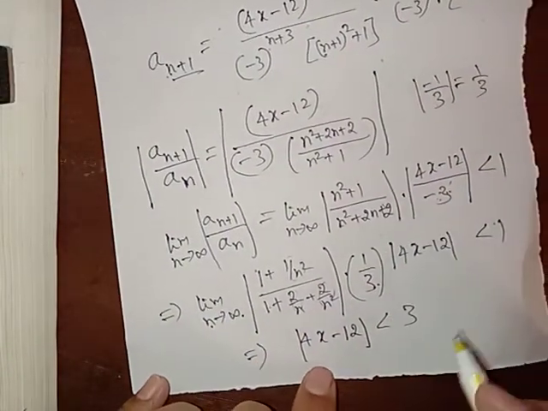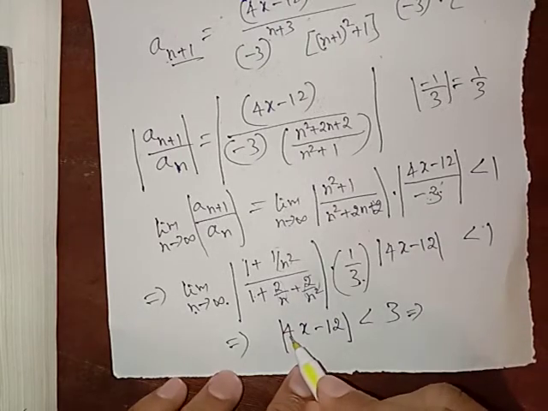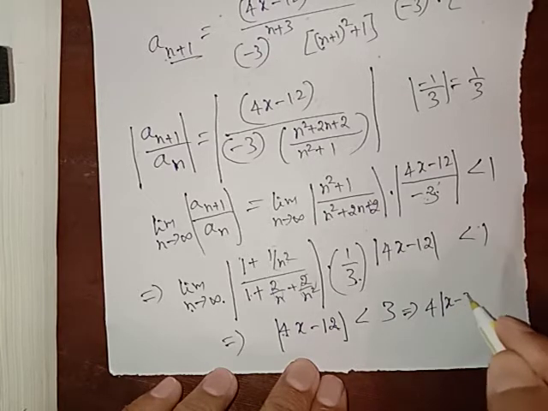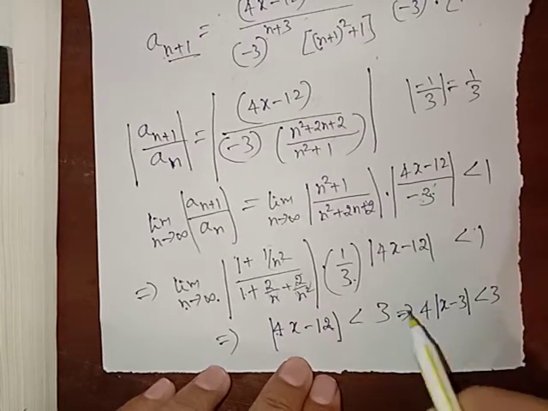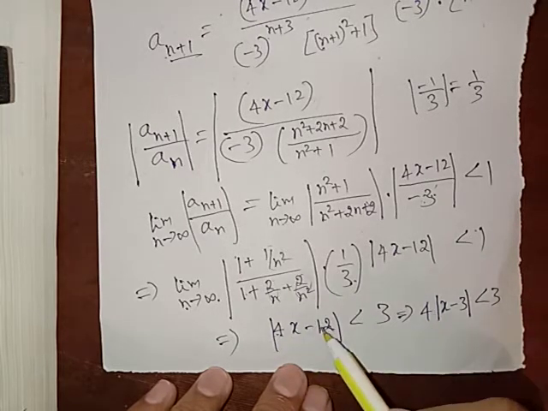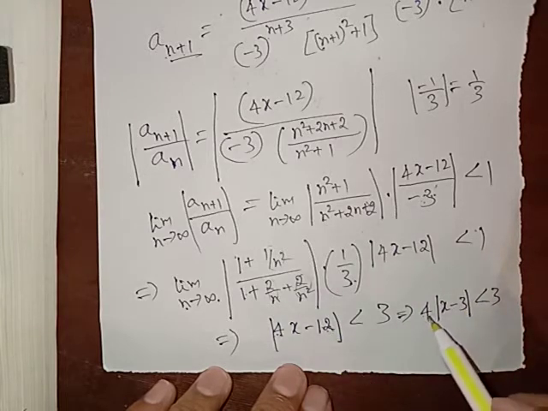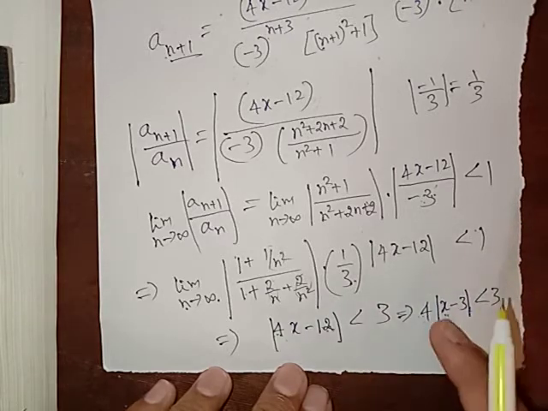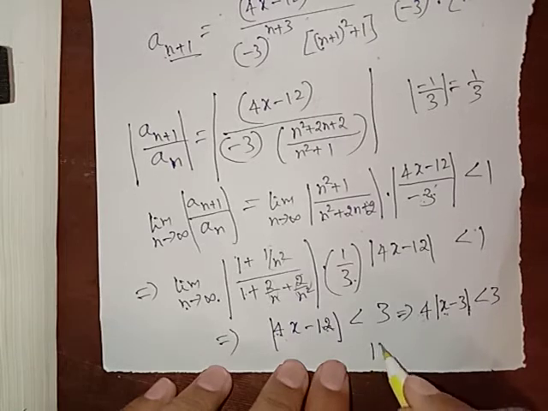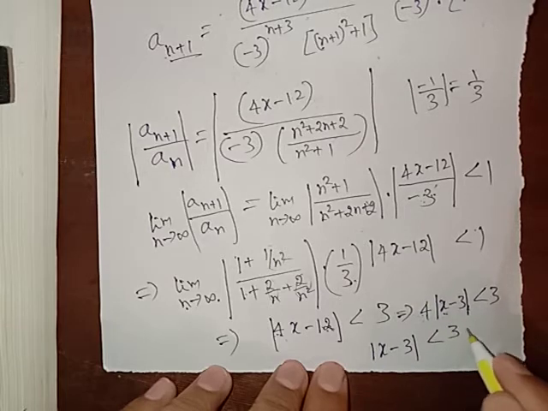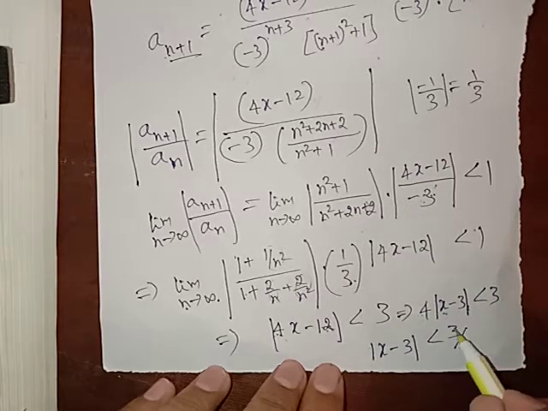Here 4 is common, so we can take 4 into x-3 is less than 3. 4 into x is 4x, 4 into 3 is 12, so we can take 4 outside. So the modulus of x-3 is less than 3 divided by 4. So we can say 3 divided by 4 is the radius of convergence of this series.